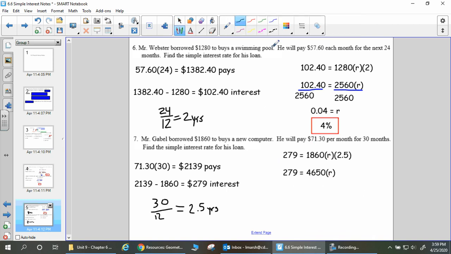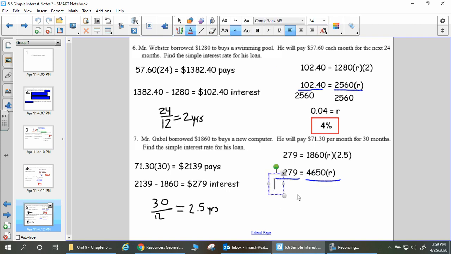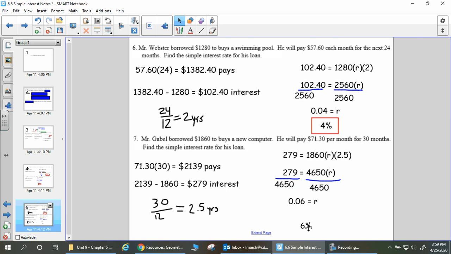Let's divide both sides. When we divide, we're going to divide with that 4,650. And when we do that, 0.06 is R, so 6%. And I'll just box it to make them all the same.